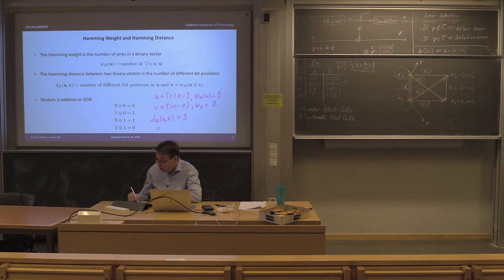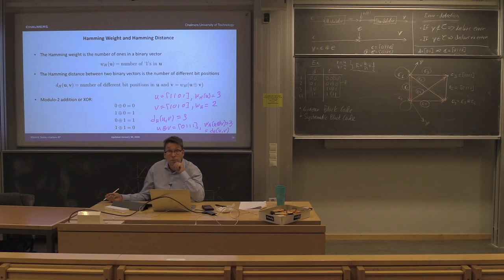But if we take u plus v, what do we get? Well, we get 1 plus 1, that is equal to 0, and then 1, 1, 1. So we get 1s in the positions where u and v are different, and 0s when they have the same bit. Okay, so the Hamming weight of u plus v is equal to 3, which is then the Hamming distance between u and v.